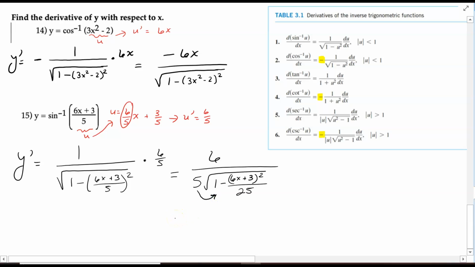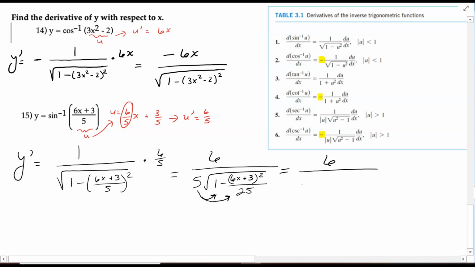And if I do that, that's actually going to get rid of the 25 down there. Watch. You square the 5 and you can put it under the square root, because 5 squared is 25 and the square root of 25 is 5. So that's the way that it works. We can do that because it'll help us clear the fraction, and it works out so nicely in this case.